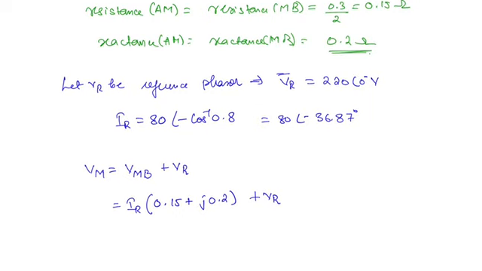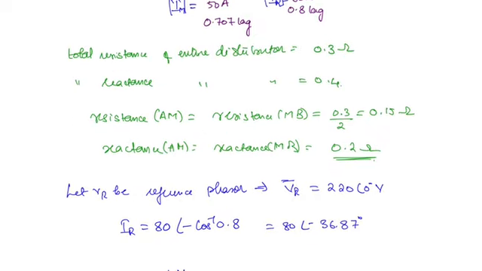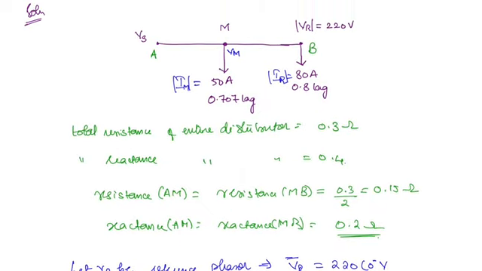Now we know IR and VR, so 80 angle minus 36.87 degrees times 0.15 plus j0.2, plus 220 angle 0 degrees. This you are going to get 239.27 angle 1.34 degrees volts.